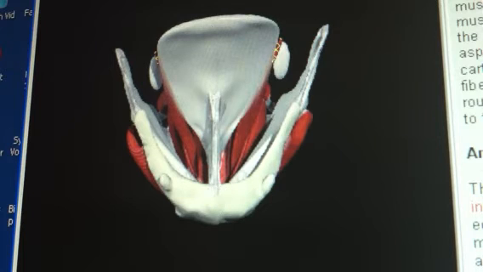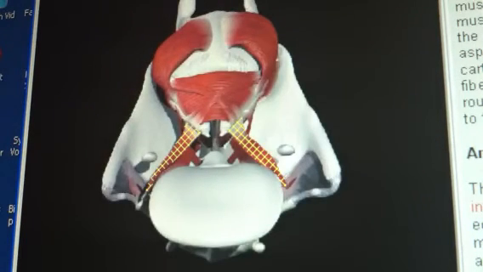Right beneath this, right in this area, all right, is the thyroepiglottic ligament. And remember, the thyroepiglottic ligament is an intrinsic ligament, and it attaches the epiglottis to the thyroid cartilage.